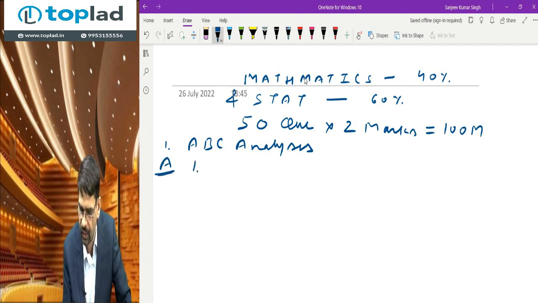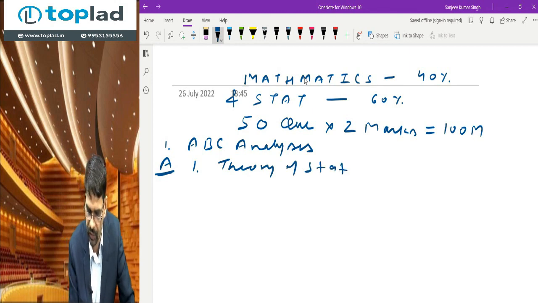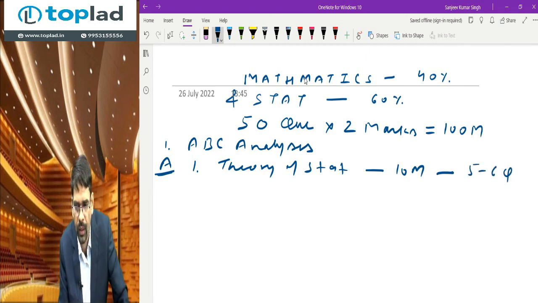In the A category, number 1 is Theory of Statistics. It covers 10 marks. It means 5 to 6 questions are asked in the exam.